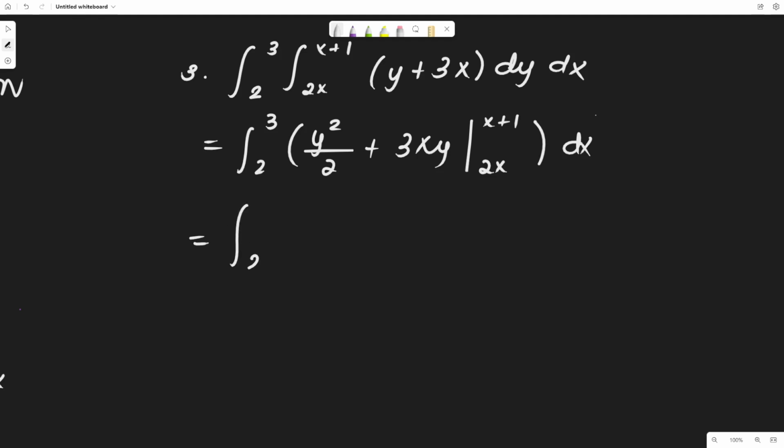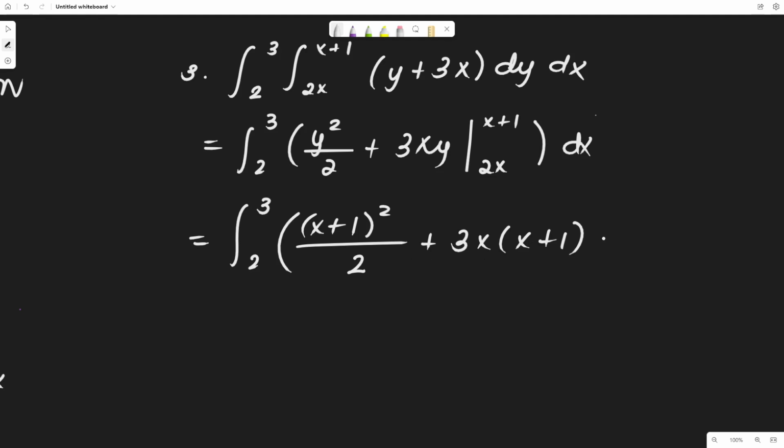Then substitute. So we have integral from 2 to 3 ng x plus 1 quantity squared over 2 plus 3x times x plus 1. Okay, then minus, this will become 4x squared, no, over 2. So essentially that is 2x squared plus 3x times 2x.